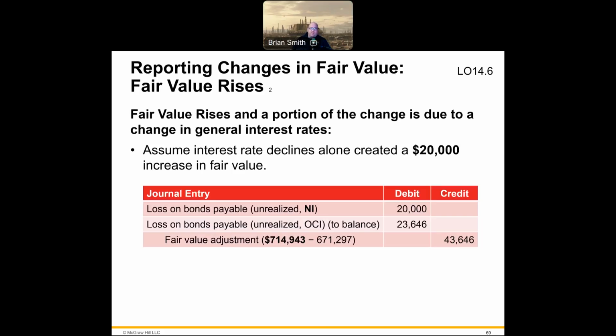So if the interest rate decline alone created a $20,000 increase in fair value, think about it. If interest rates change in the market, it might make your bonds more attractive or less attractive. And that's just kind of how you have to figure if you got a gain or loss, unrealized or not. Loss on bonds payable could go to either net income or other comprehensive income, depending on the nature of the debt and where you put it.